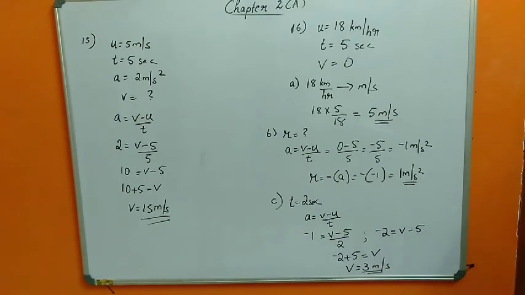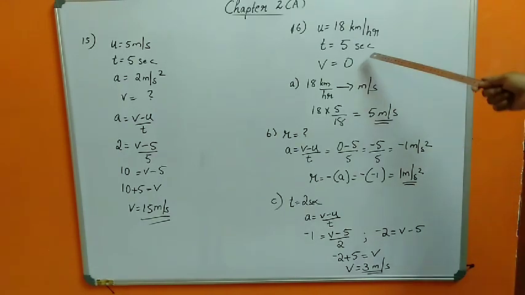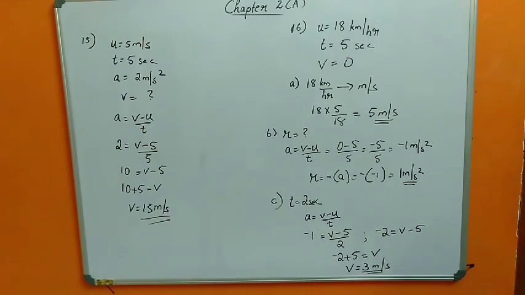Initial or final will not be mentioned in the question, but while reading the question, you should know that if it is moving with a speed, it means initial velocity is 18 km per hour. It is stopped means finally, final velocity 0. It is stopped in 5 seconds. Time is given 5 seconds, by applying the brakes.